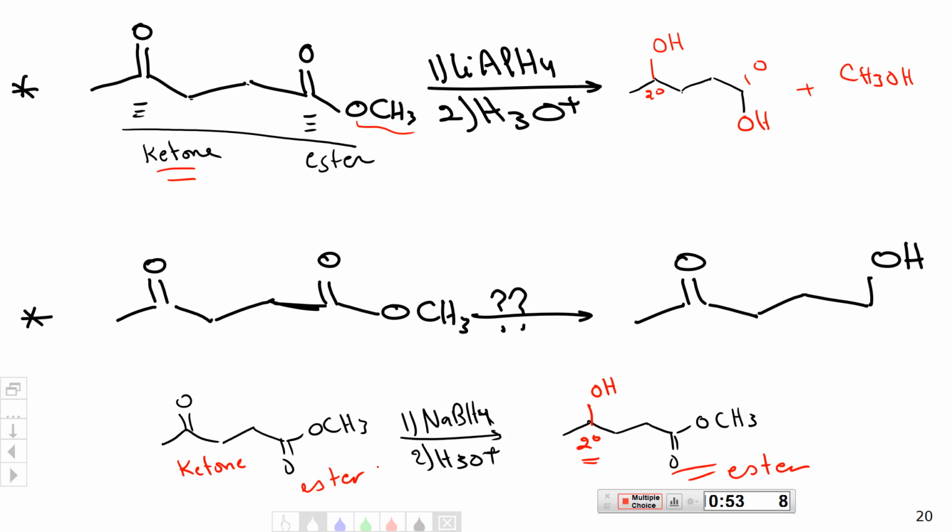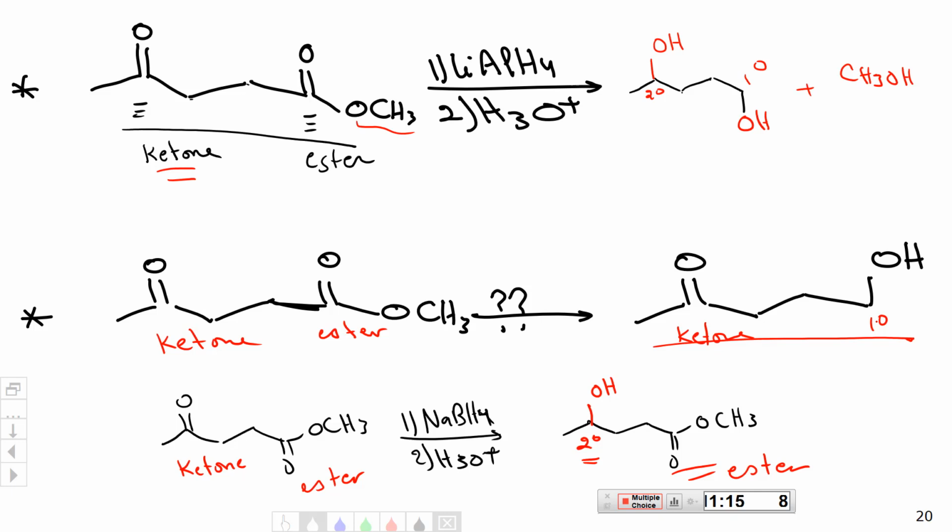Now, what if in one of the reactions, what I wanted to produce is this? Not reduce the ketone, so the ketone not changed, is still a ketone, but the ester is now a primary alcohol. Can I use lithium aluminum hydride from the slide? Clearly not. Can I use sodium borohydride? Clearly not.